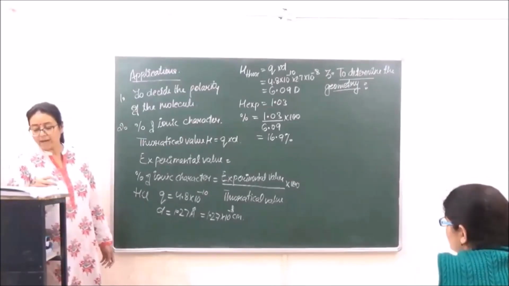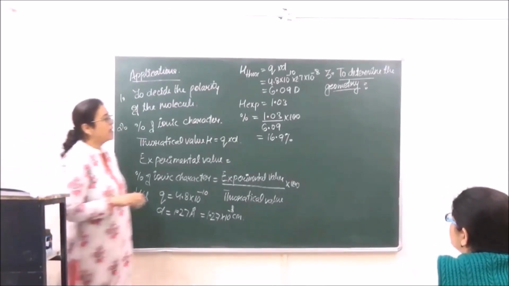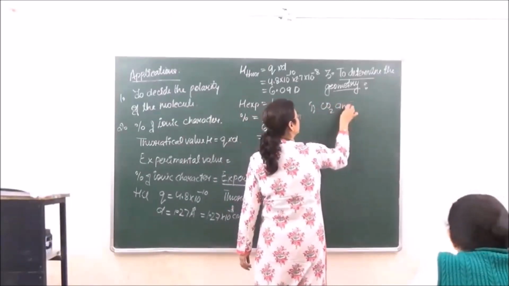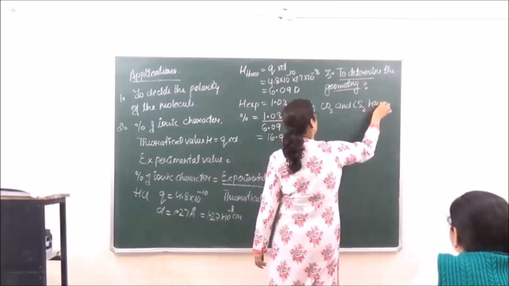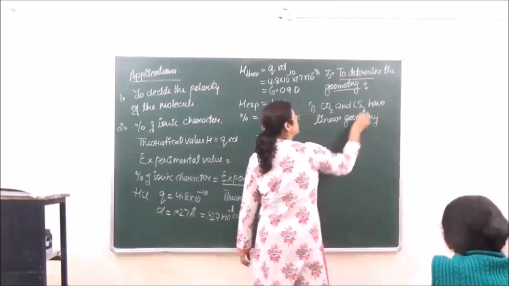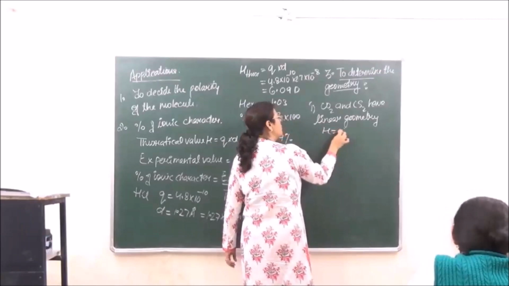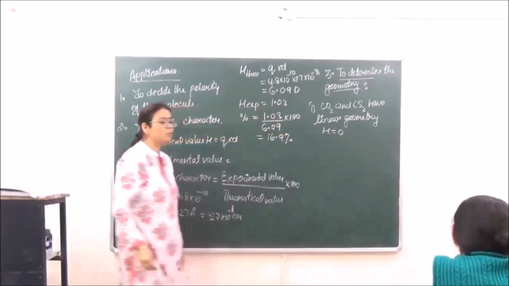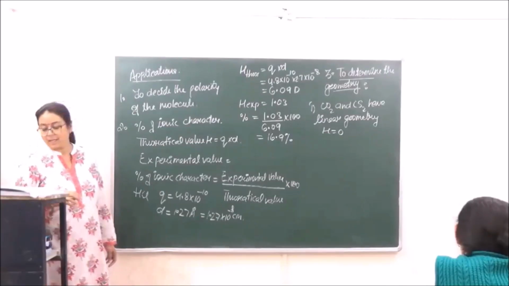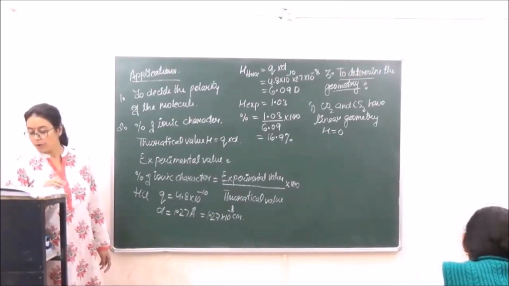So molecules like carbon dioxide and CS2 have a linear geometry. So as a result of this, the value of mu for such molecules is going to be equal to 0. And such molecules are non-polar.